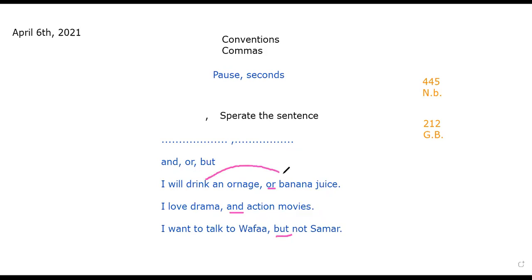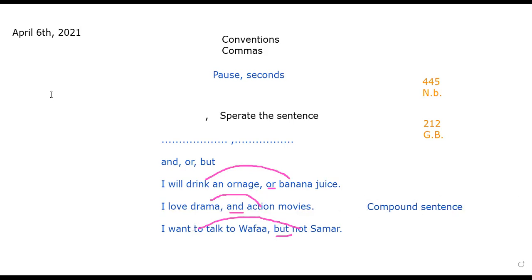So this part links with the other part, and thus we call this type of sentence a compound sentence. The compound sentence needs a conjunction in the middle. Since it needs a conjunction, before the conjunction we have to put a comma.